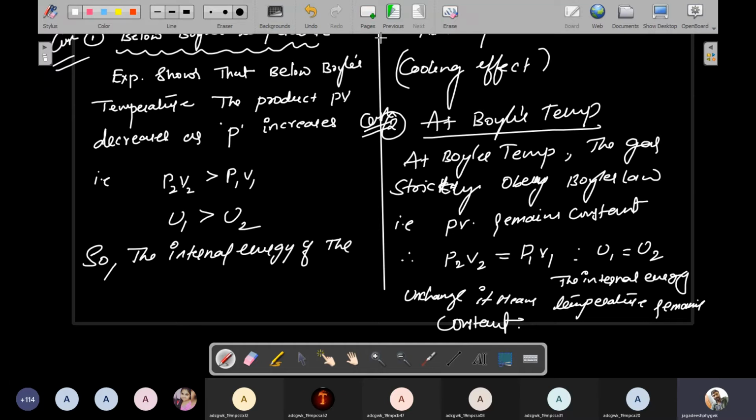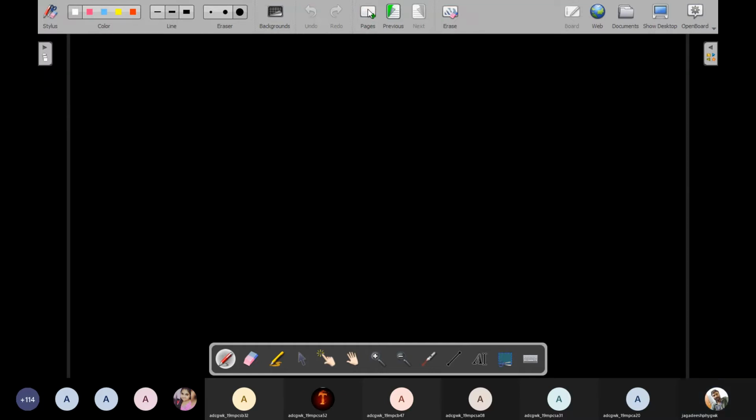Right, I'll move to the next page. Now case 3.